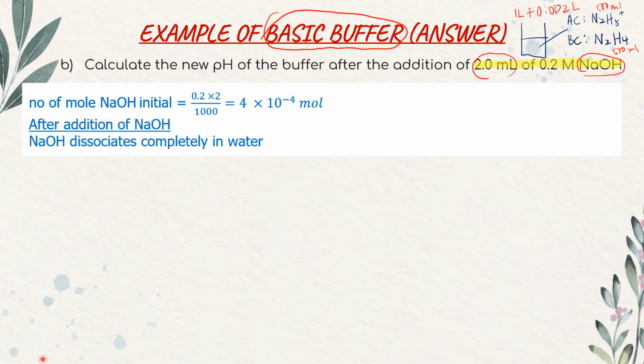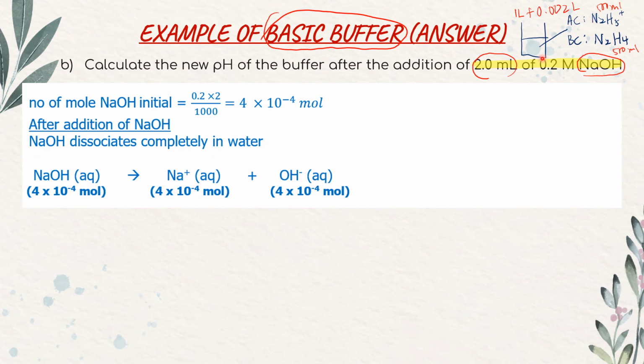So, sebelum tu. Okay, sebelum kita kira total volume, kita kira dulu number of mole of OH minus yang kita tambah ke dalam sistem. So ingat tadi sodium hydroxide, after addition of sodium hydroxide, the sodium hydroxide will completely dissociate in water. So whatever number of mole we have initially, itulah number of mole of OH minus yang kita ada dekat sini. Okay.